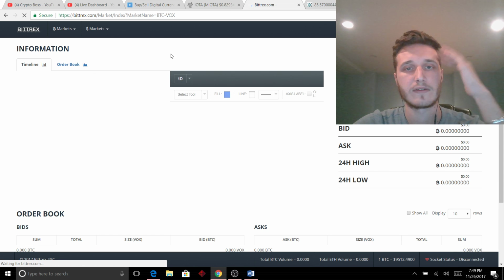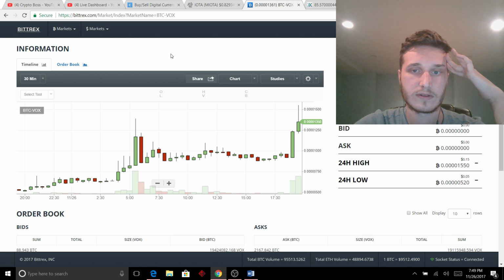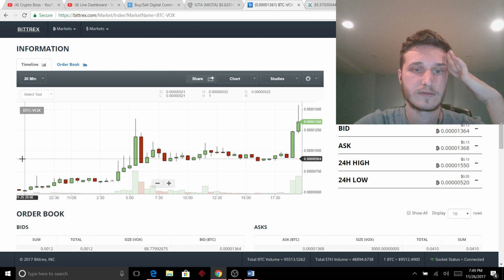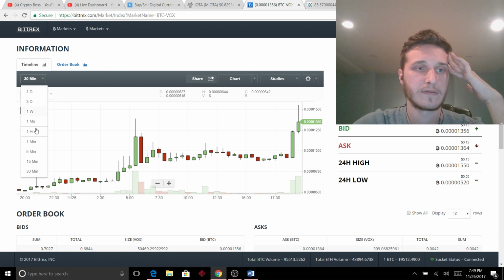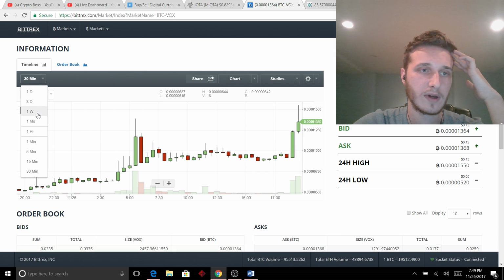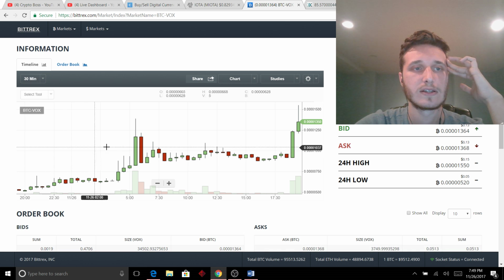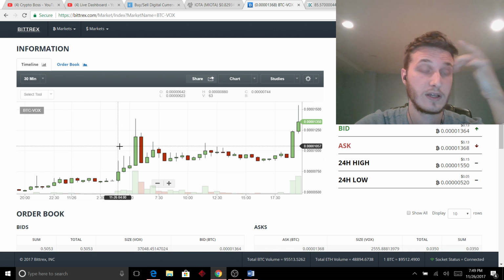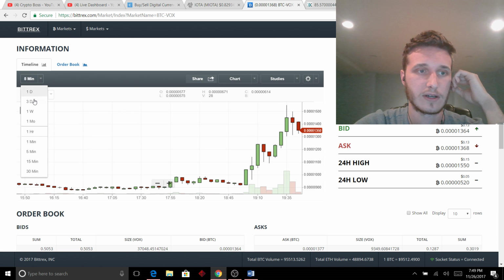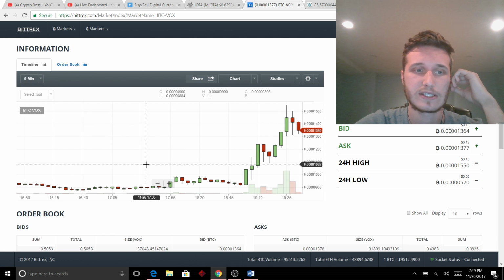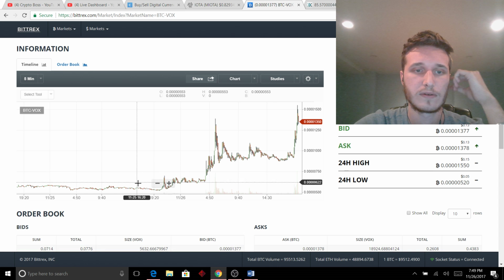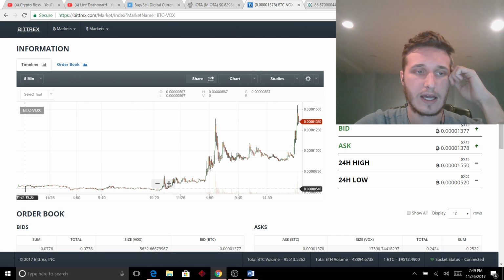This one's probably going to have a ridiculous looking graph. Yeah. So this is like 24 hours or something. But you can put it in 5 minutes. You can put it in a month ticker symbol. I usually put it in 5 minutes unless I'm trying to zoom out, because you can't zoom out as far when you're in 30 minutes. So you can see that's like 2 days ago.